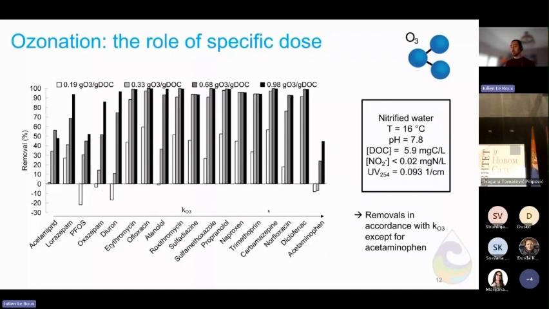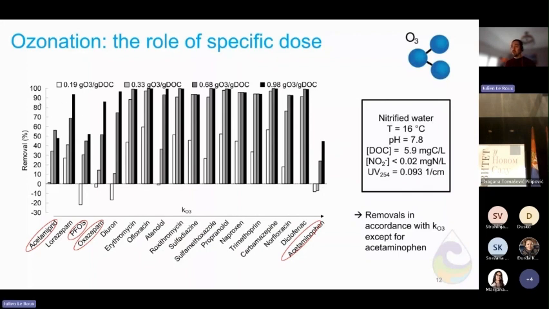Here, all these molecules were classified depending on their known reactivity. These were the most reactive, and some others were less reactive. And the only one that was surprising was acetaminophen here at the far right. We don't know why it was less reactive than expected.